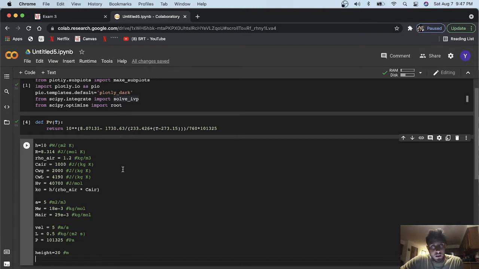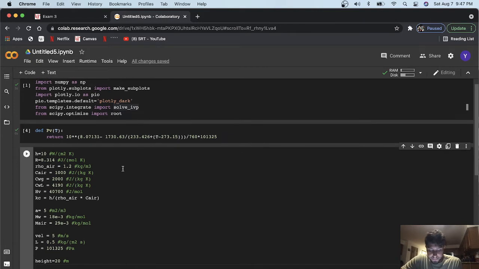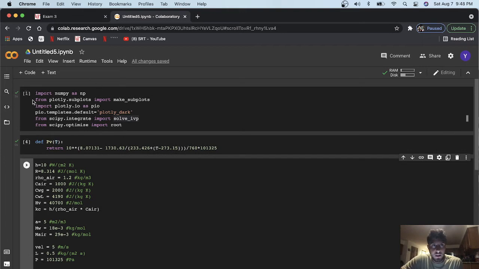We have the Antoine equation for the saturation pressure of water, and it will obtain the saturation pressure of water for a given temperature. We also have the importing of numpy as np that will allow us to do numerical calculations, and we're going to also make some subplots, and we wanted to change the theme from light to dark, so we imported this.